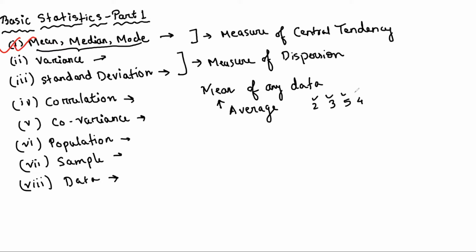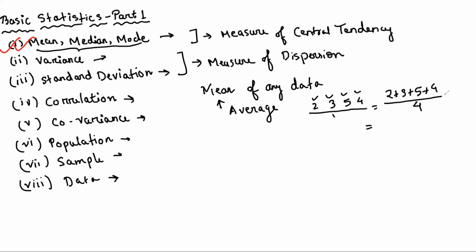If someone asks you what the average of these four numbers is, how will you calculate it? First you will add up these numbers, and then you will divide by the total number of observations. Here the total number of observations is 1, 2, 3, and 4, so divide by 4.